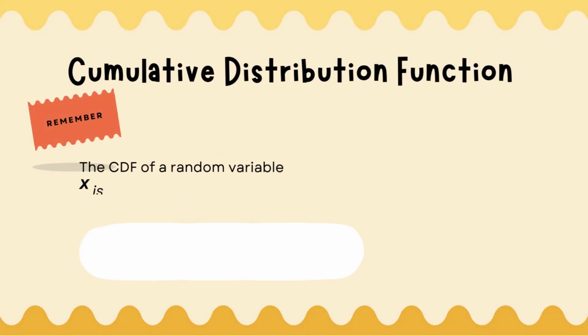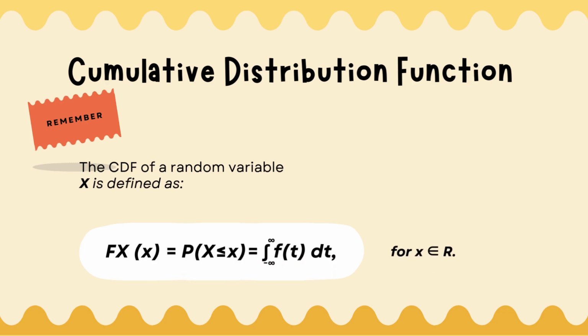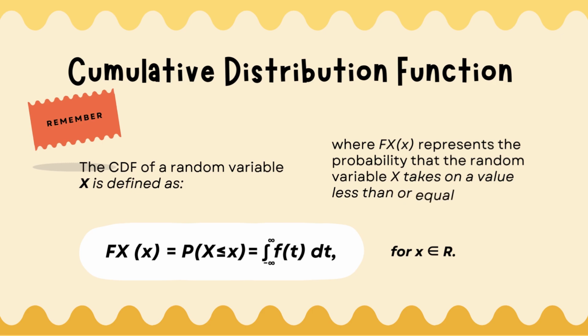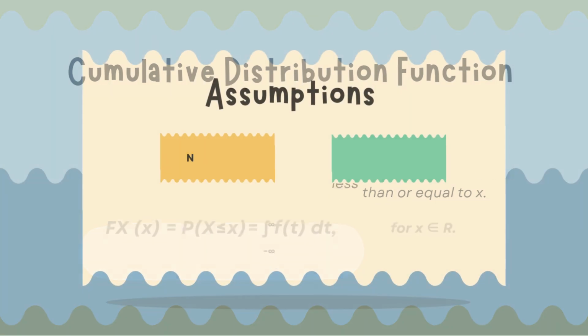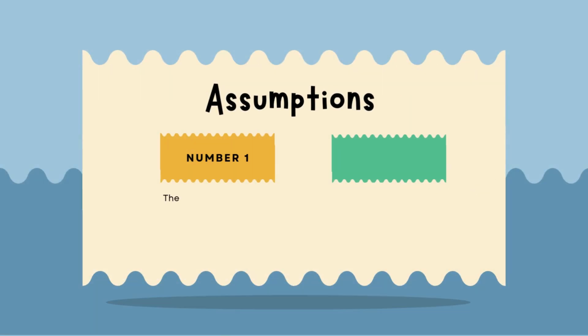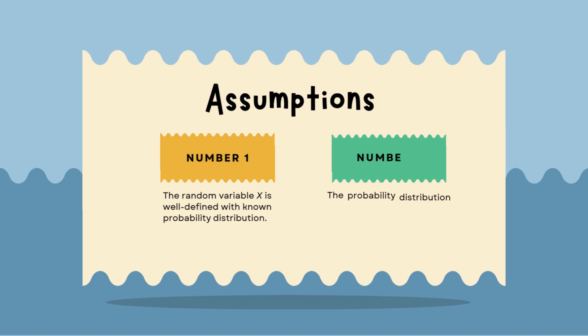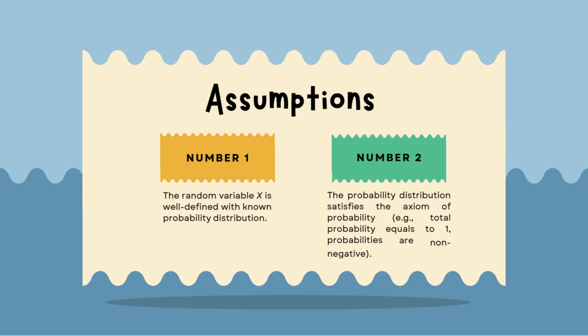The CDF of a random variable X is defined as F_X(x) equals P(X less than or equal to x), where F_X(x) represents the probability that the random variable X takes on a value less than or equal to x. Assumption: the random variable X is well defined with a known probability distribution. The probability distribution satisfies the axioms of probability.